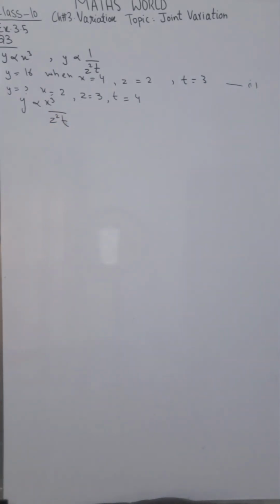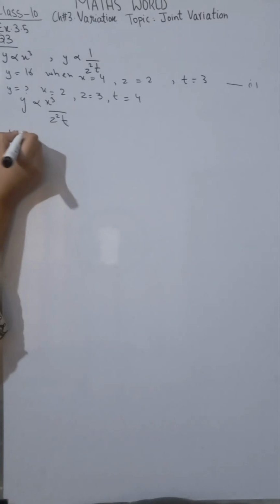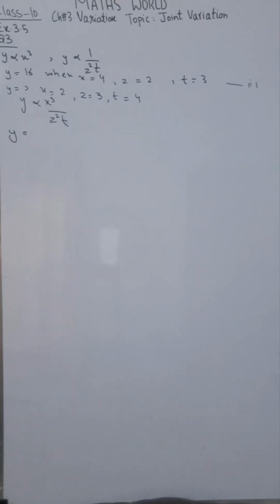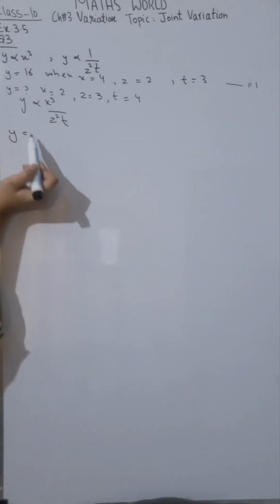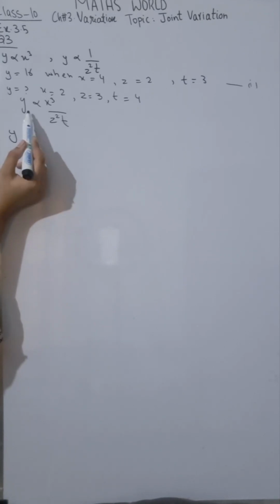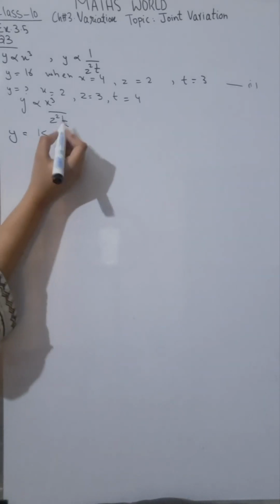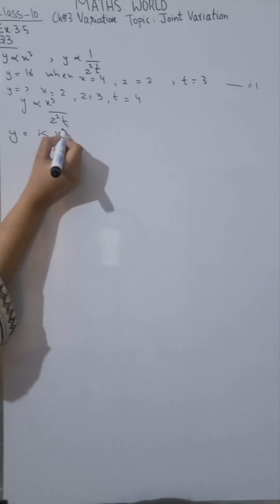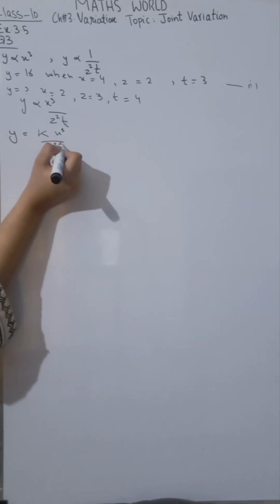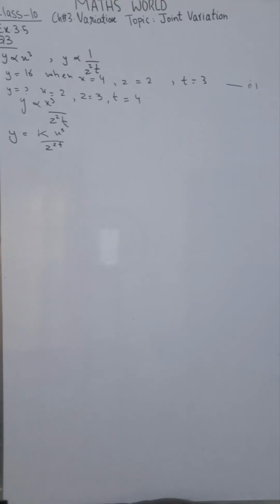So now you're going to replace the symbol of proportionality with equality, and now you're going to add the k sign, that is the proportionality constant, and x cube divided by z square and t. Now you're going to find the value of k.